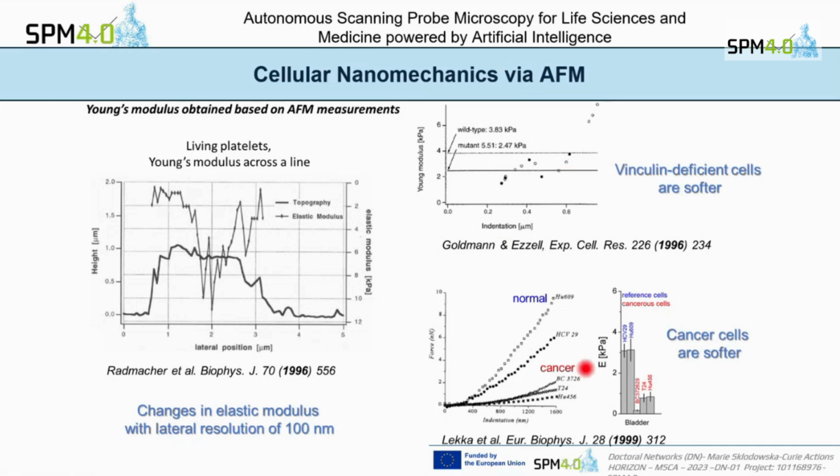And what was already said today, if we look at the single cell level, in most cases, cancerous cells are more deformable than normal cells. But in a three-dimensional environment, when we have the extracellular matrix, the whole structure becomes stiffer in the case of pathological versus normal tissue.